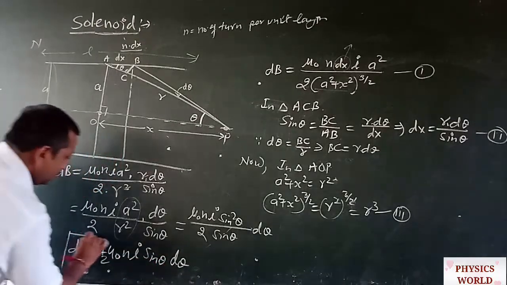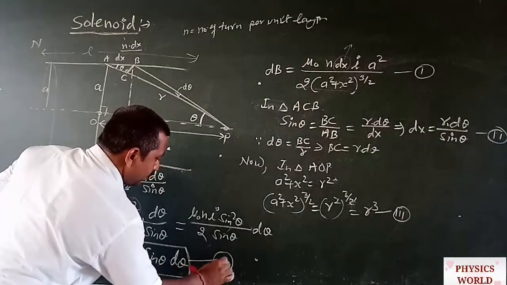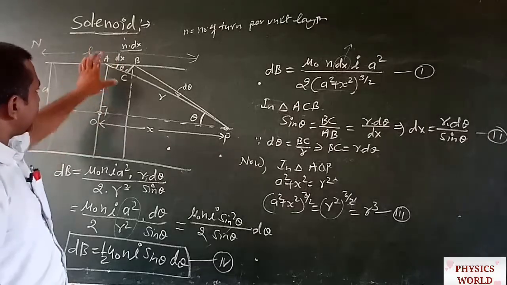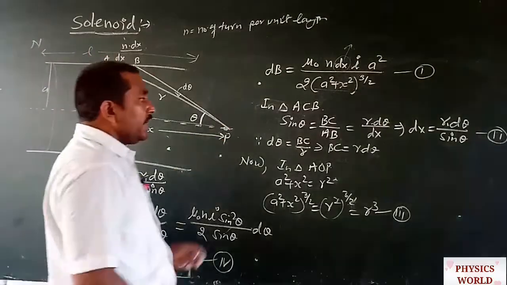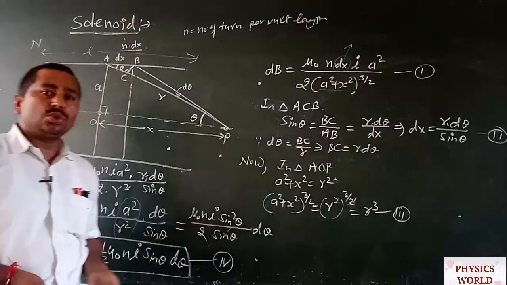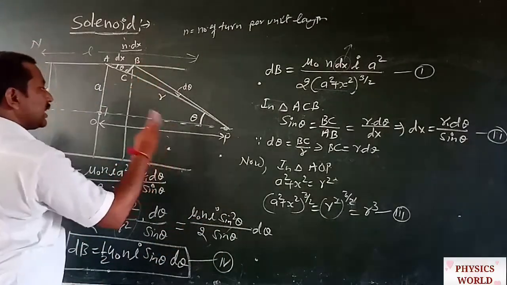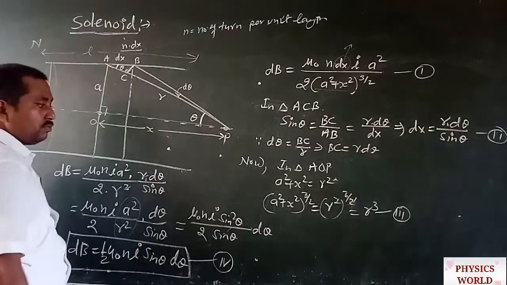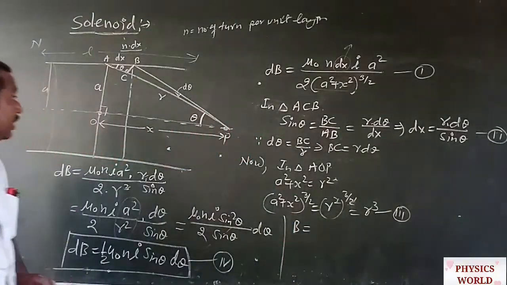This is the formula for the small value of the magnetic field due to this small current loop strip at this point. If we want to calculate the total magnetic field due to the total turns of the solenoid at this point, then we have to integrate this equation number 4. After integrating it, we get what?